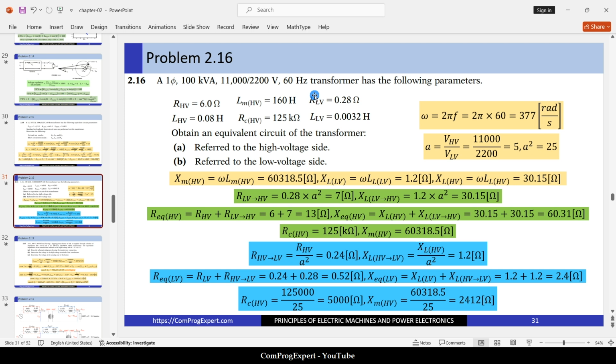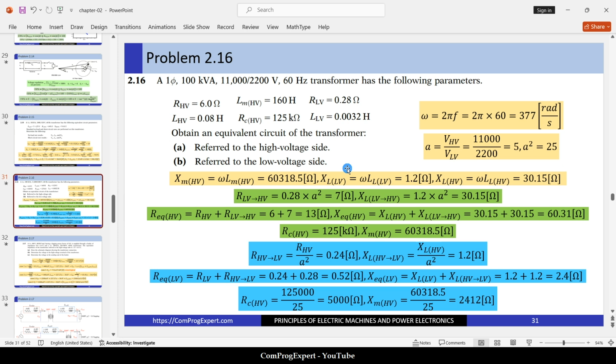The value of the resistance for the low voltage winding, the value of the core resistance, and leakage inductance for the high voltage winding and the low voltage winding are also given. Obtain an equivalent circuit of the transformer: A, referred to the high voltage side, B, referred to the low voltage side.